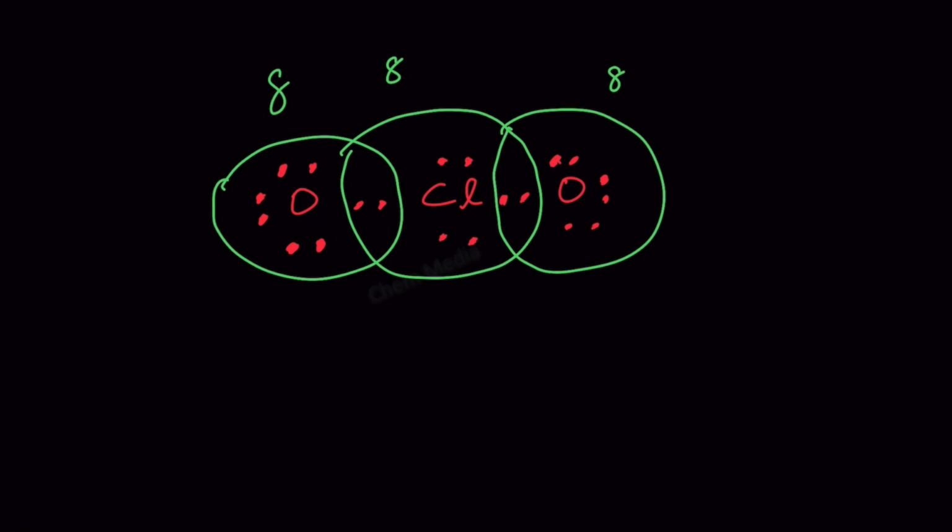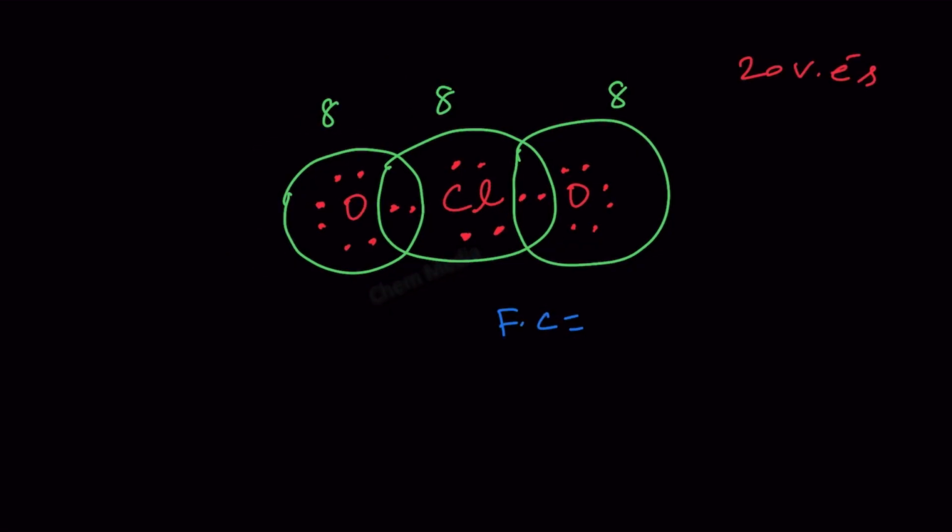However, we need to check the formal charges to decide whether this is the best Lewis structure or not. Formal charge is equal to total number of valence electrons in the atom minus total number of lone pairs of electrons, that is the non-bonded electrons in the molecule, minus total number of bond pairs divided by 2.